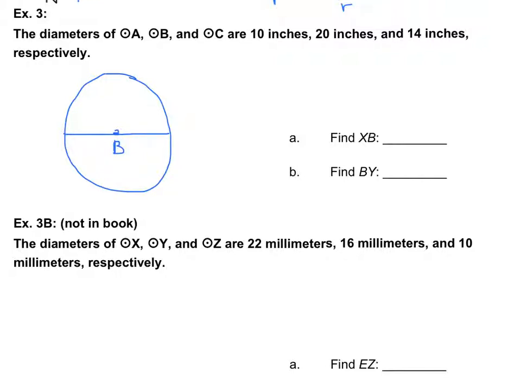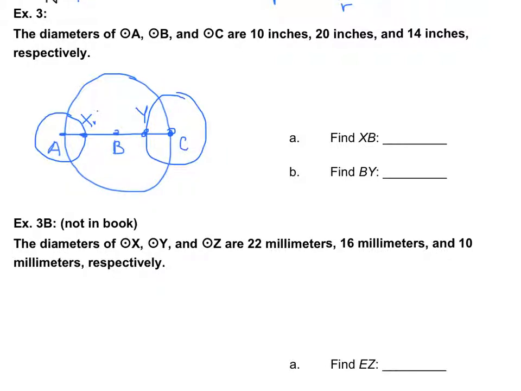Circle A, as you can see, the center of circle A is right on the edge of circle B, and circle A is smaller, so we'll make that circle A. Then this point right here on the edge of circle A is point X. And then we've got another circle with its center at the end of the diameter of circle B, which is a little bit bigger than circle A, and that's circle C. And then the point that intersects in the middle there is Y. And then we've got C over here.